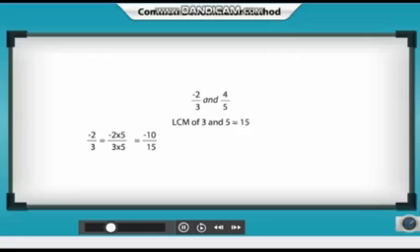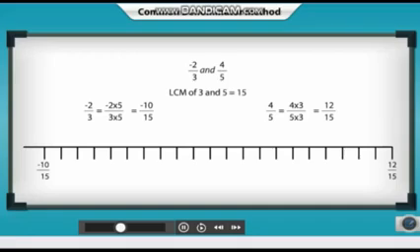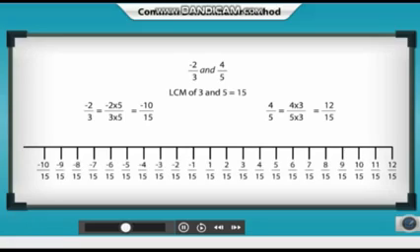Similarly, we multiply the rational number 4 by 5 by 3 to make the denominator 15, and we get 12 by 15. Like this, we can find many rational numbers between -10 by 15 and 12 by 15. The number line represents the various rational numbers between -10 by 15 and 12 by 15.